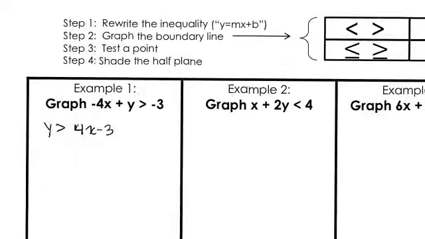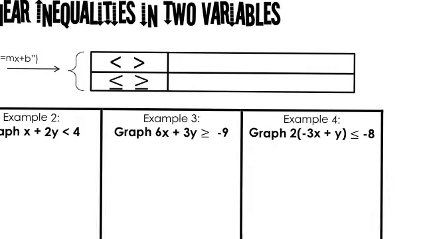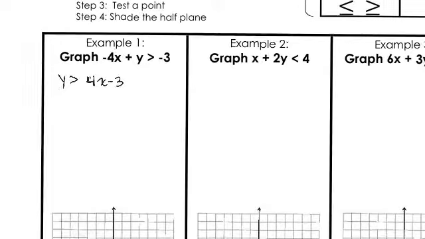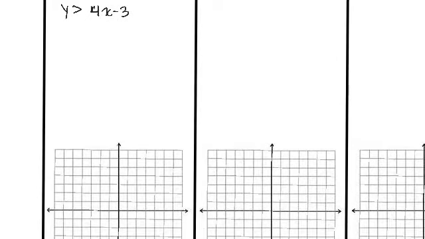So when you have a greater than or a less than, you're going to use a dashed line. So this graphs just like it does when it's an equation. I would find -3 here on the y-intercept.